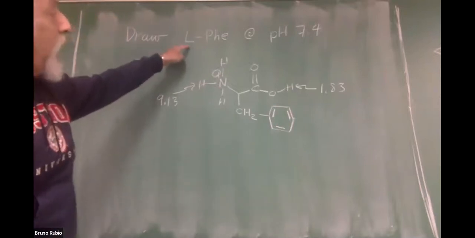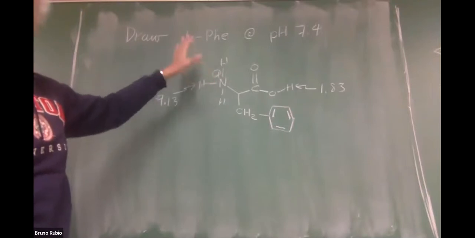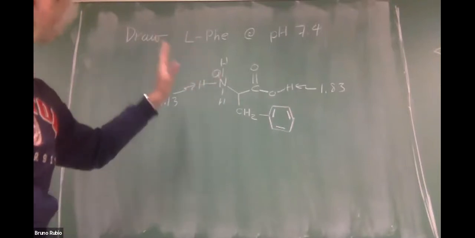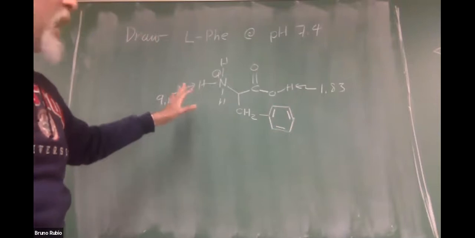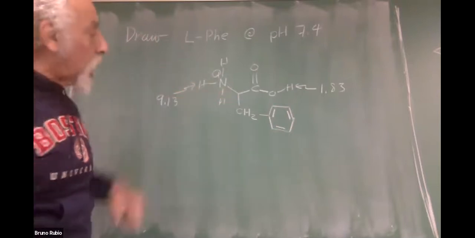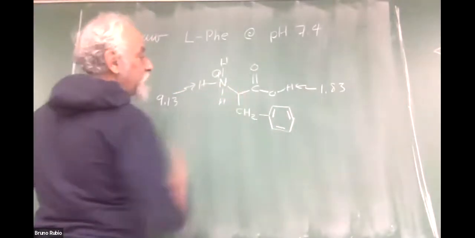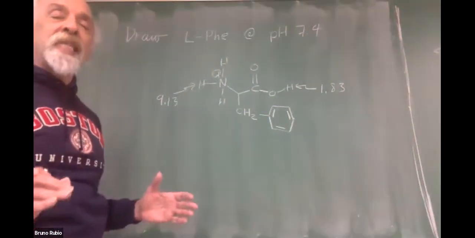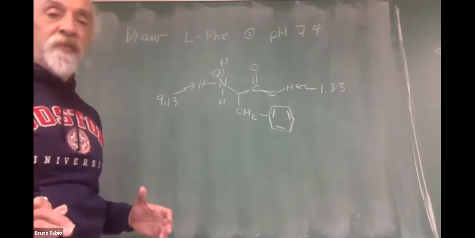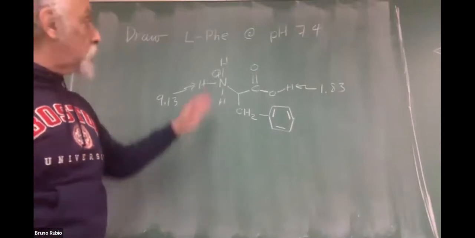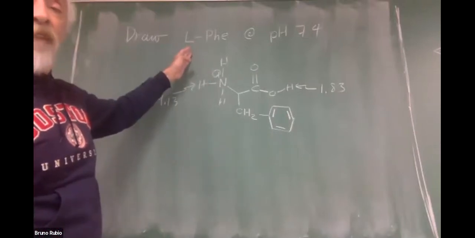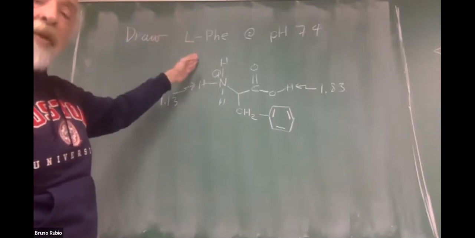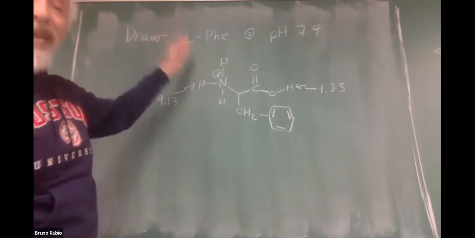Okay, I want L-phenylalanine. What does that mean? We talked about last time how the alpha carbon, that's this guy right here, for all the amino acids has the S absolute configuration when it belongs to the L stereochemical family. This is the kind of amino acid that is coded for by DNA.